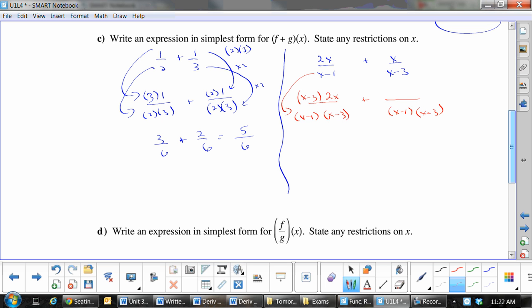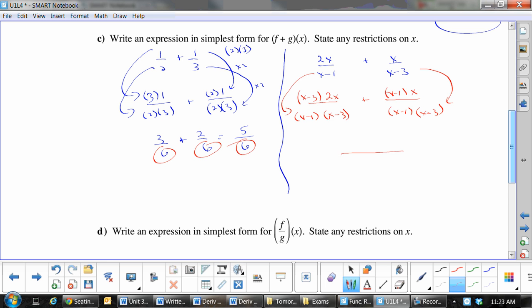And this one here, to get x minus 3 to look like x minus 1 times x minus 3, I had to multiply by x minus 1. So I'm going to do the same thing to the top. And now they can be added. And do you see how when I had the common denominator, it was the new denominator?